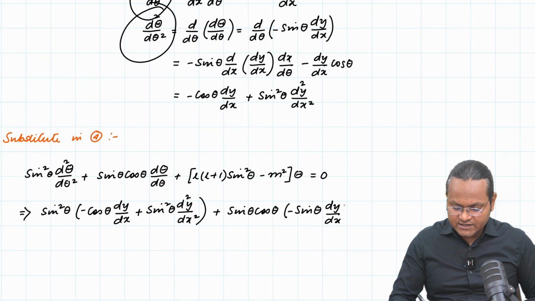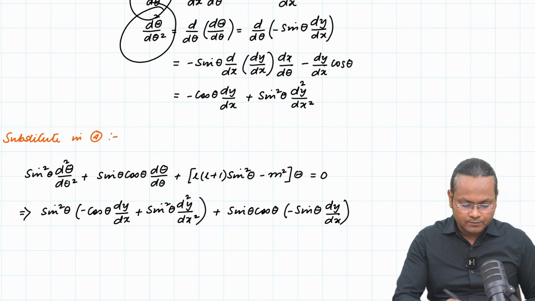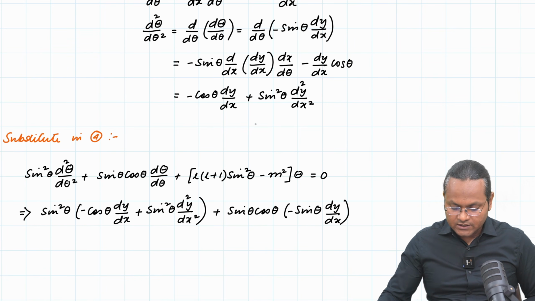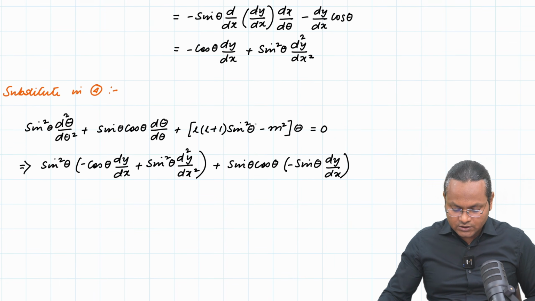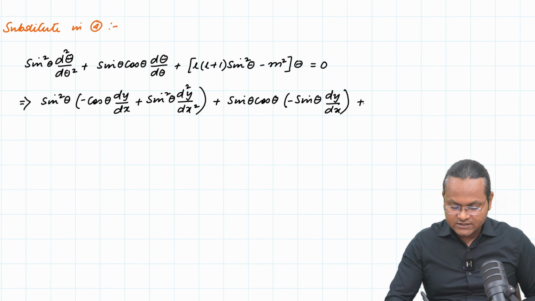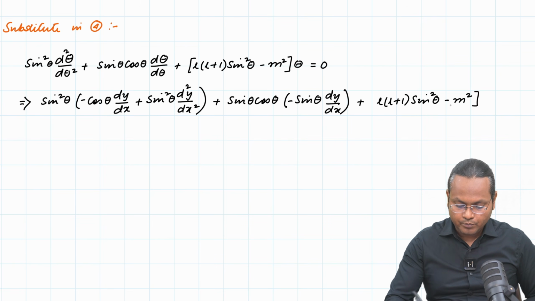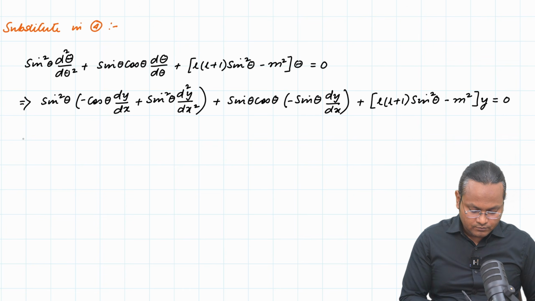So my intention here is to obtain the standard form of the associated Legendre equation so that I can then implement the standard solutions that are known in mathematics for that kind of equation. This should be y, and this is equal to 0.